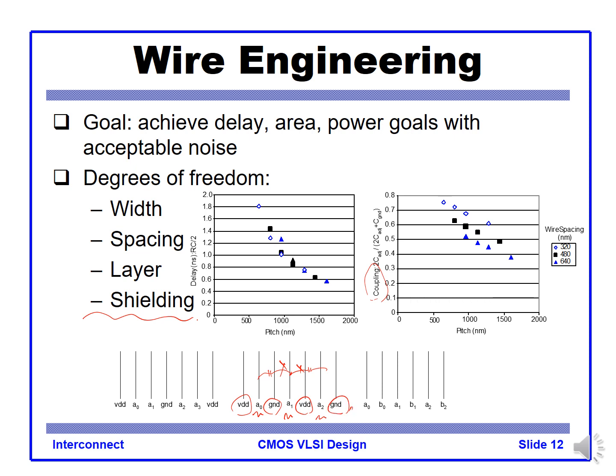VDD and ground are ideally low impedance lines, so this is the AC ground. So it shields, and it removes the coupling capacitance, right?